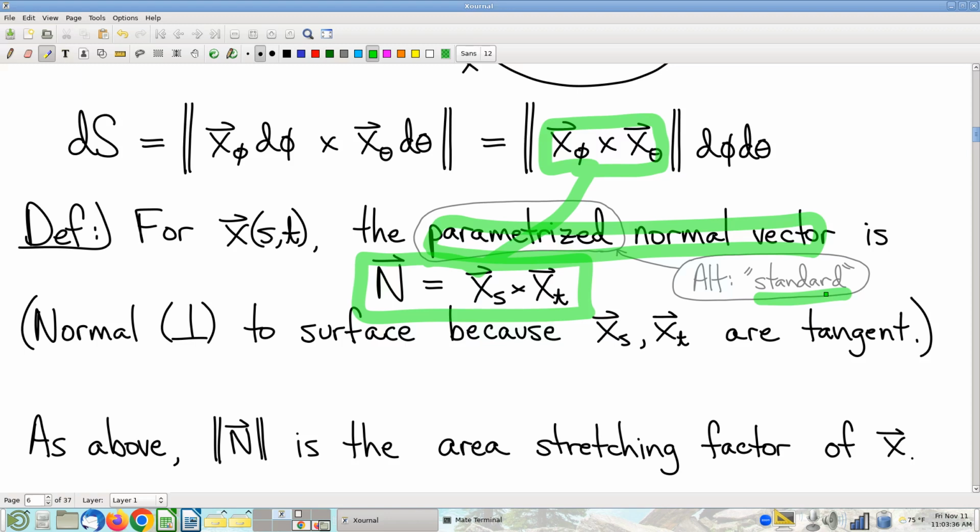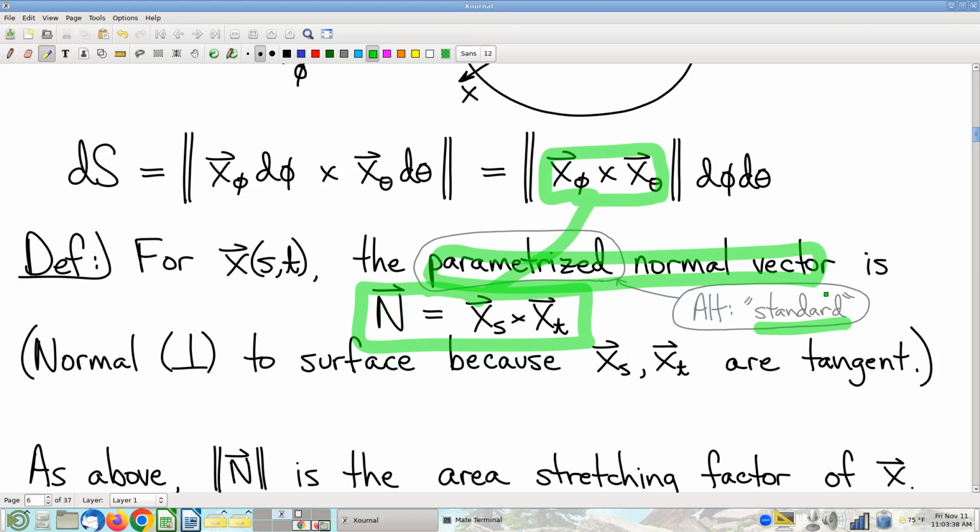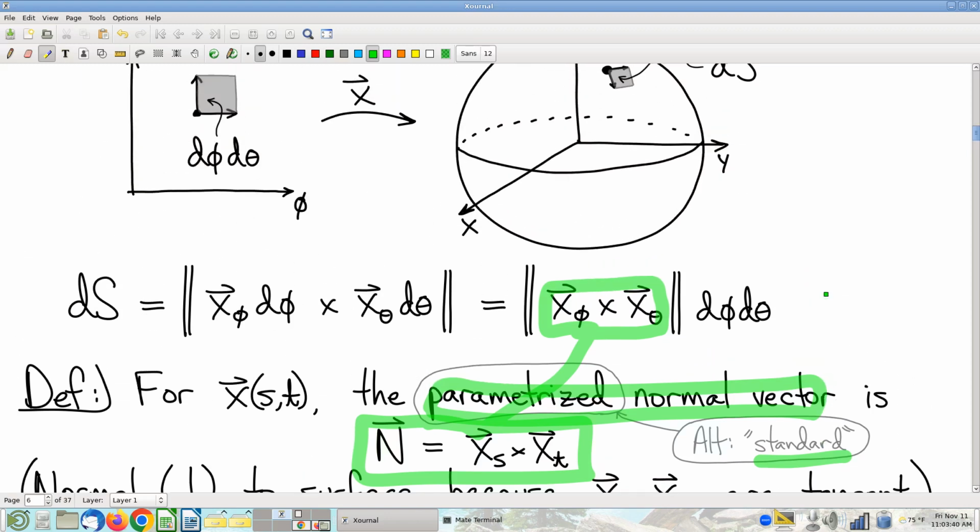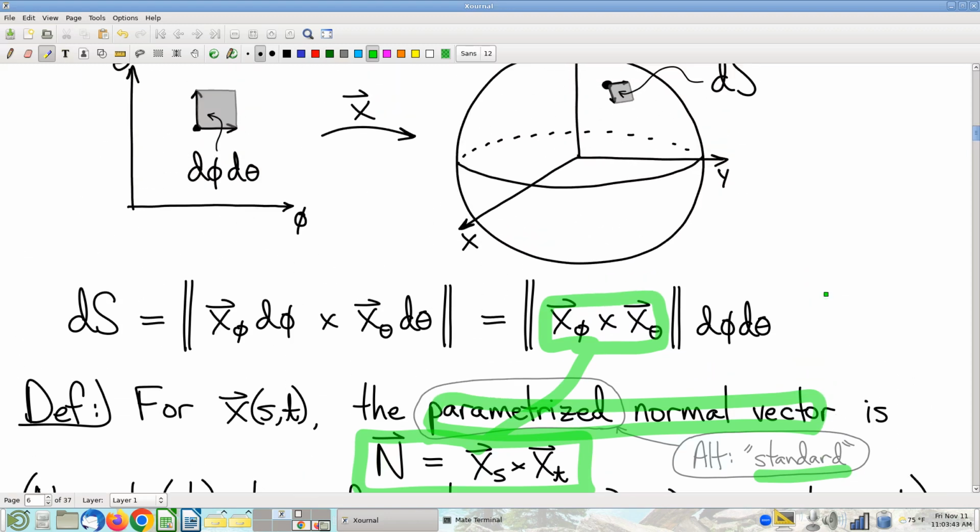I think it's very important to note this capital N vector is not really intrinsic to the surface. It's part of the parameterization. The parameterization is what creates it. And there's lots of different ways that you can parameterize a sphere. So depending on whatever parameterization you might happen to pick, or whatever your surface is, you're going to get a different vector.